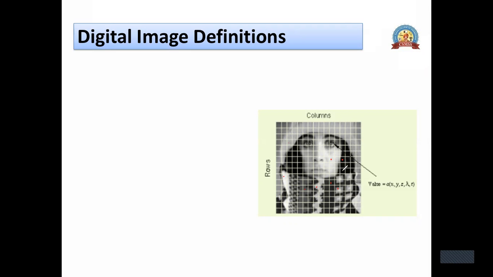So if it has shades of black and white, then it becomes a gray image. But if it doesn't have shades of black and white, then it is just a black and white image, or we can also say a binary image, right? A black and white image is also called a binary image.